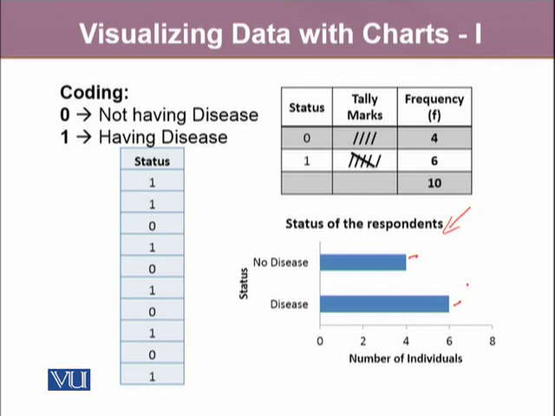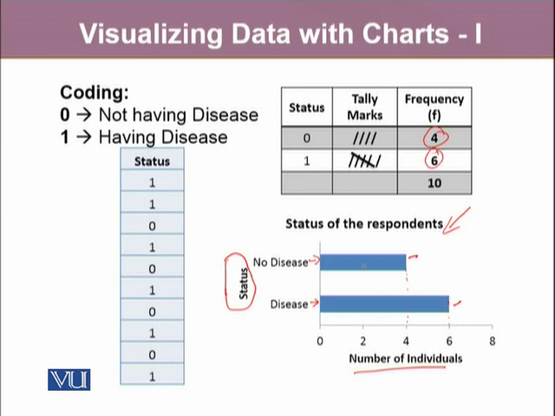On the x-axis, we have number of individuals, and on the y-axis, we have our variable of interest here. If we see there are 2 categories, one is disease and other is no disease. In no disease category, there are 4 individuals. And in disease category, there are 6 individuals.